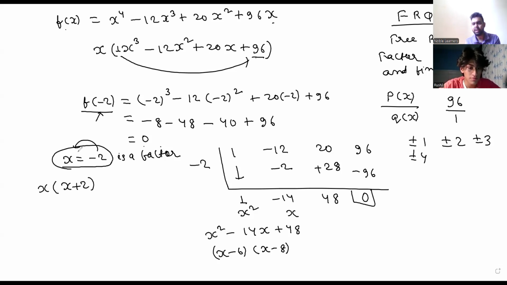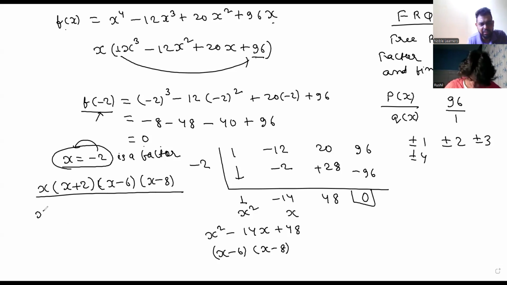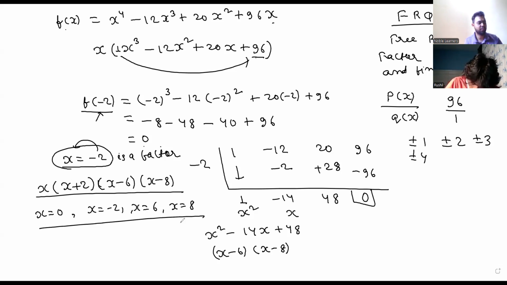Then we have x minus 6 and x minus 8. So this is the factored form. And then zeros are x equal to 0, x equal to -2, x equal to 6, x equal to 8. These are the four zeros because the degree was 4. No problem, 100% now.